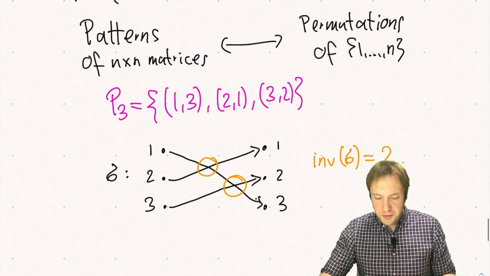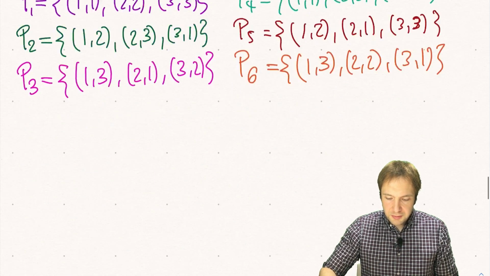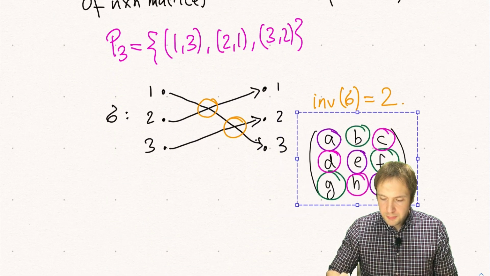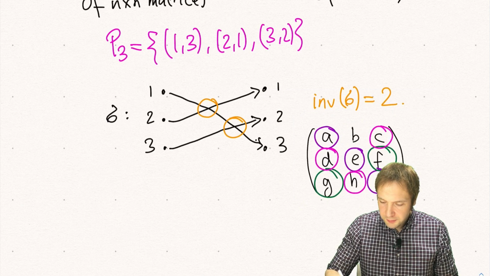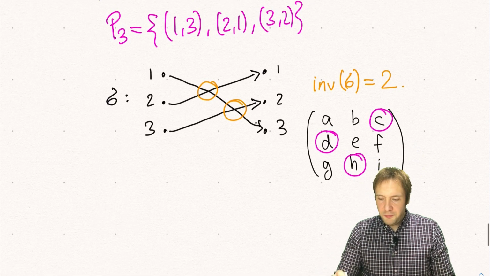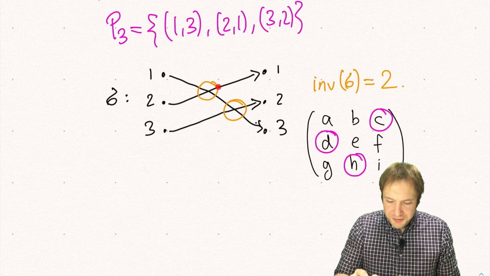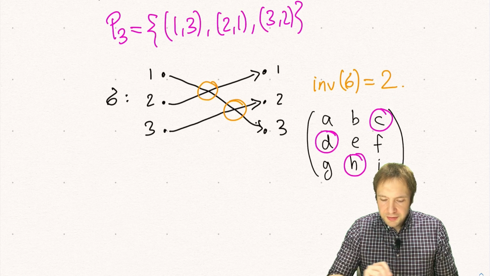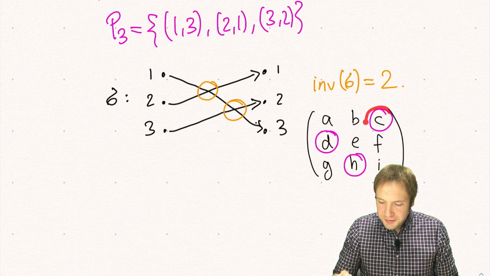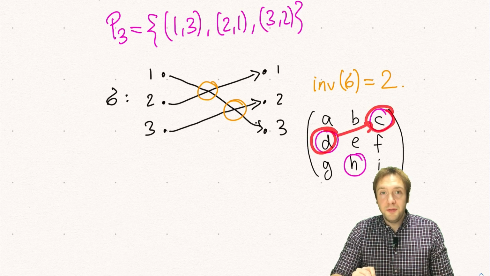But in other words, we can also read this off in the matrix. So let's copy this down and maybe remove the other patterns. What does an inversion mean in this picture? That we have this crossing means that in the first row we have the third column, and in the second row we have the first column. So this means that this one is on the top right of this one.